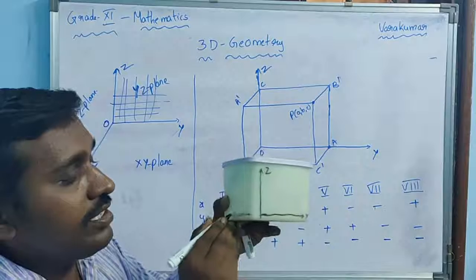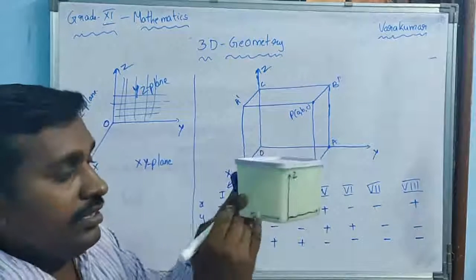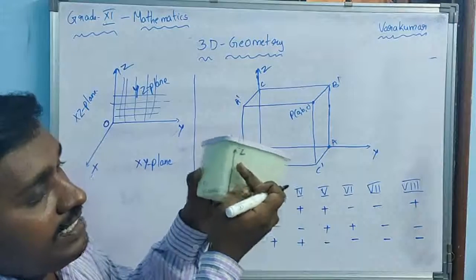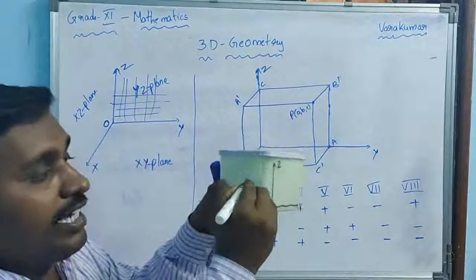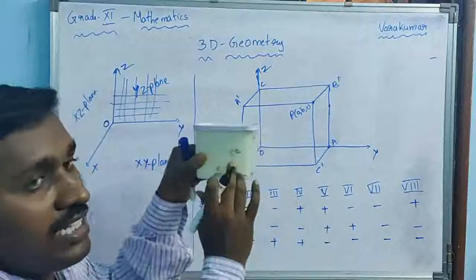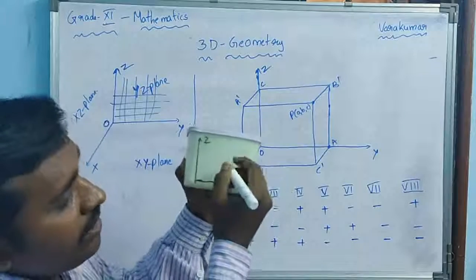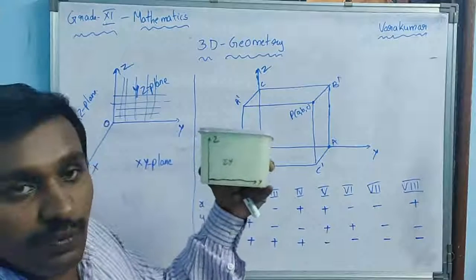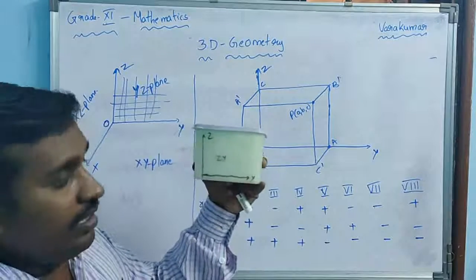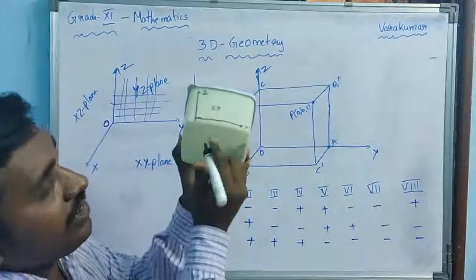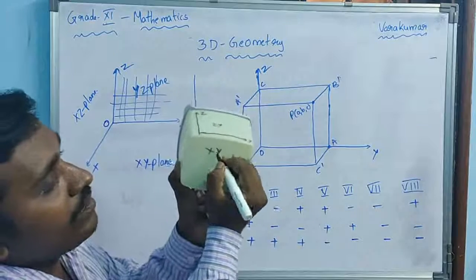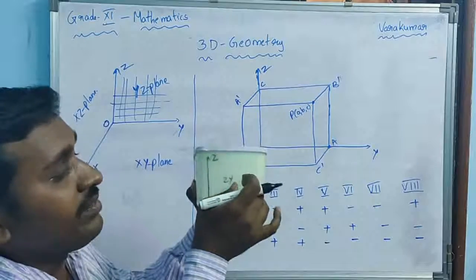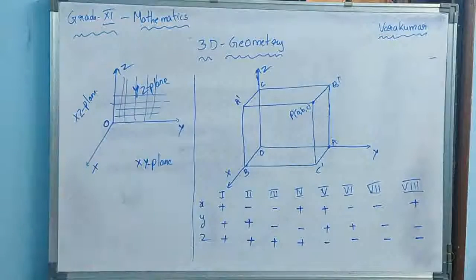Now this XZ plane is made by X and Z. And this one is made by Z and Y: the YZ plane. Clear? And if you take X and Y, this is called the XY plane. So this is the XY plane, XZ plane, YZ plane. Right? Okay, next.